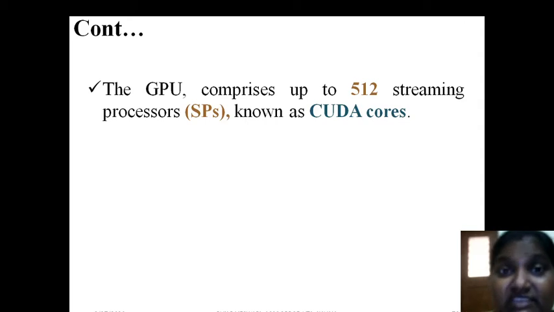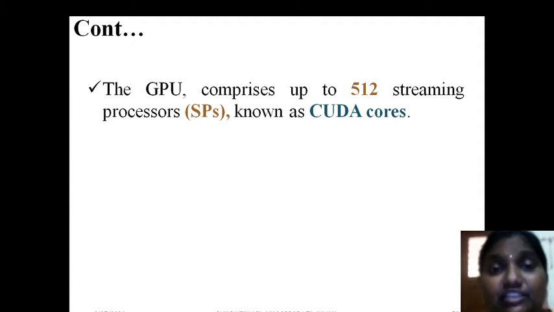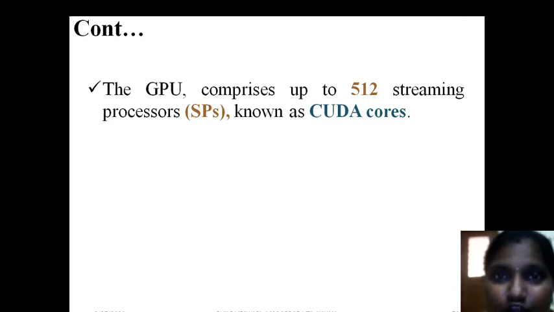We have 16 multiprocessors, each containing 32 cores. So 16 into 32, how many will we get? 512 cores, or we can say 512 CUDA cores, by which we can perform 512 operations at a time.